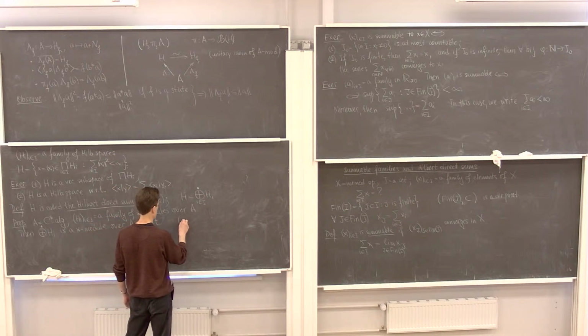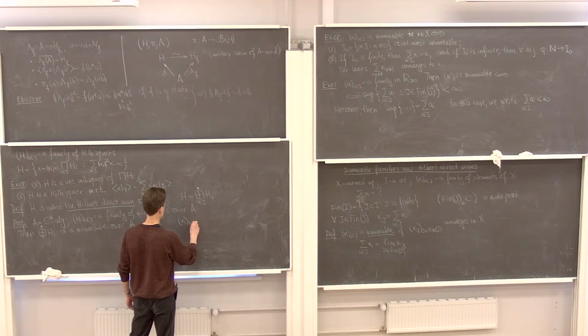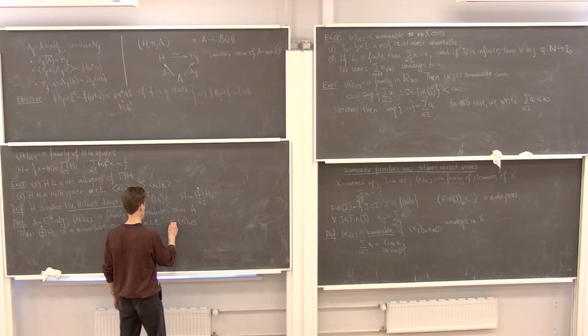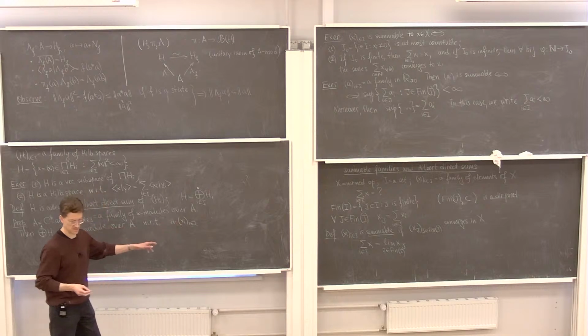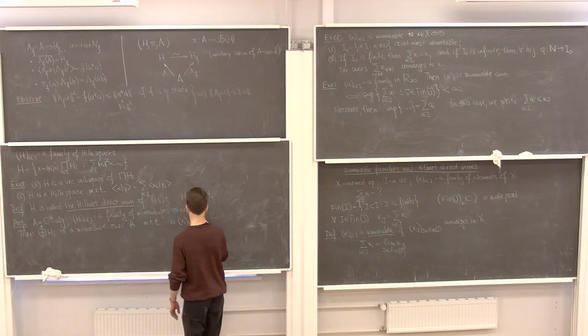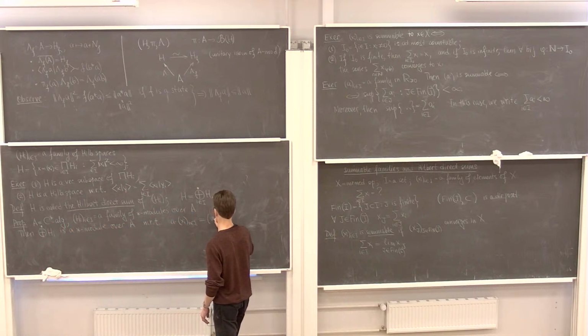If we have a square summable family x_i, and we want to define this element, then this is just the family a x_i.